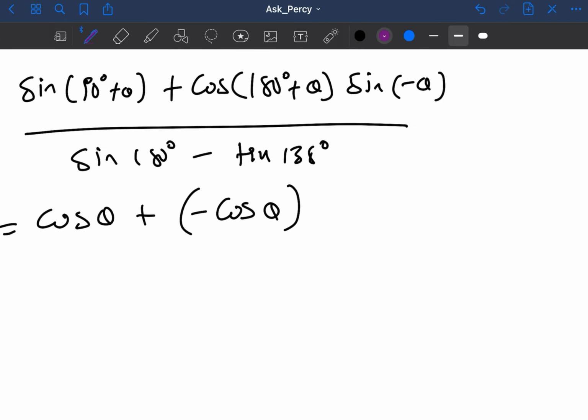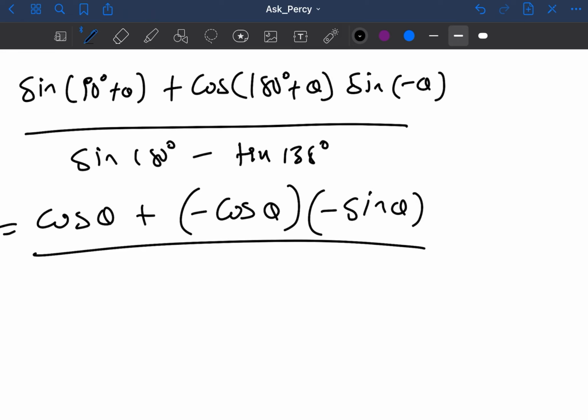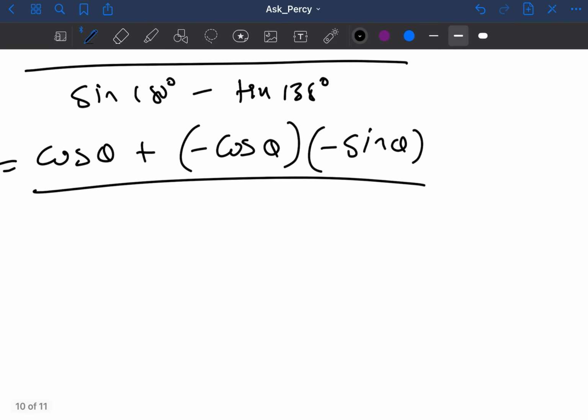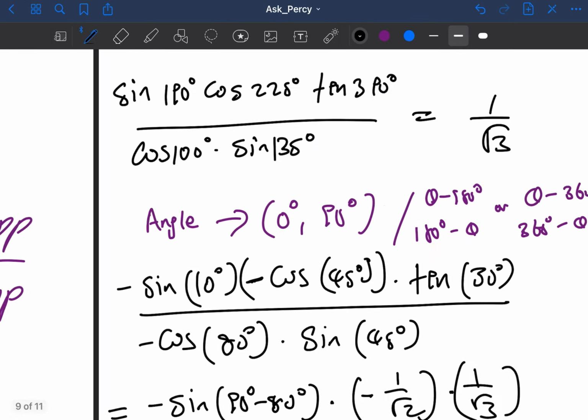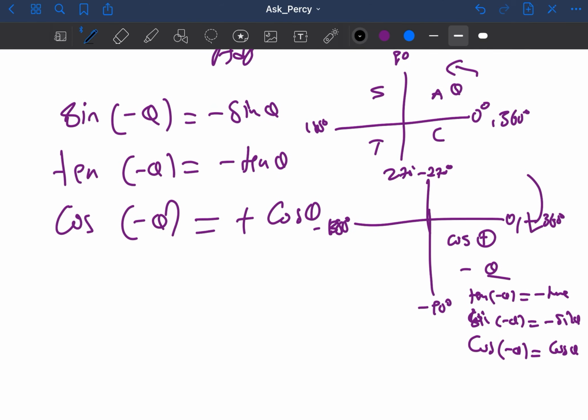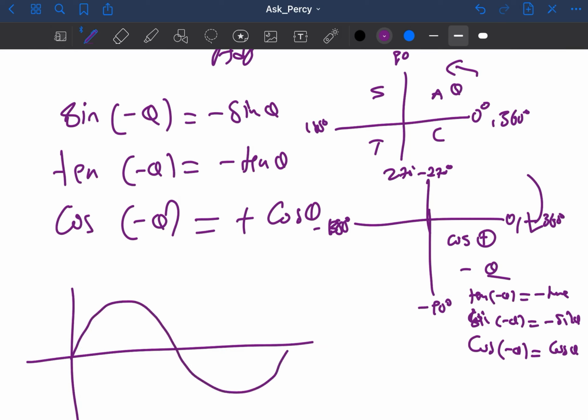So with that being said, sine of negative theta is negative sine theta. Sine 180 you can calculate to be 0, but I can show you in your notes here that when you look at the sine wave graph, from negative 1 to 1, sine 0 is 0.